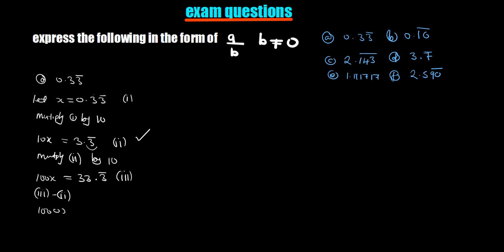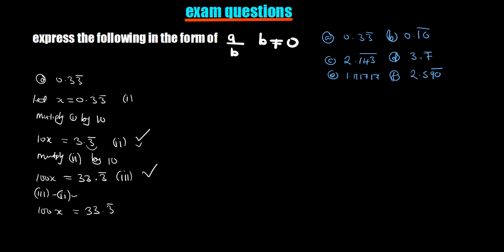All right, so that should be 100x, down the box. So now 100x is equal to this 33 bar we have here, like that. Then we bring now equation 2. Our equation 2 is there. So this is our equation 3.